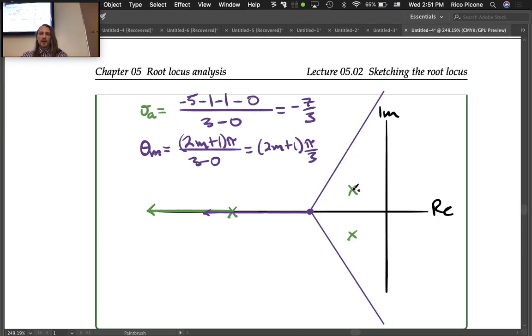Most of the time it's pretty clear. And they go like that. Symmetrically, right? Everything that they do is got to be symmetric about the real axis. So they do that.